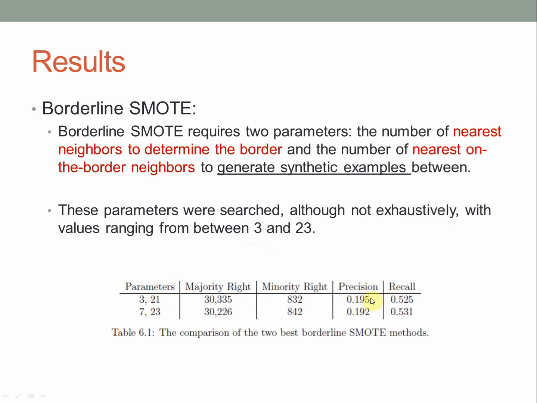We have a better precision compared with SMOTE, with a slightly lower recall. So borderline SMOTE seems able to get higher precision with lower recall compared with SMOTE. These are the results that we have discovered, and of course we tried many more different combinations to pick some results to report over here.